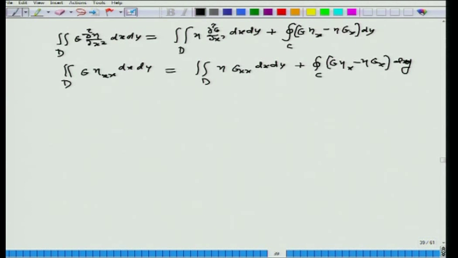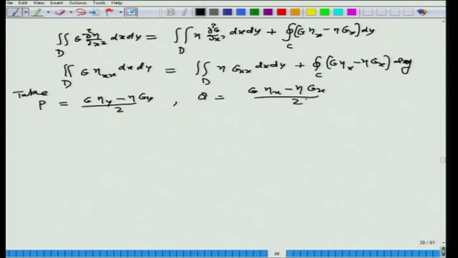Similarly, we can take now p equal to something and q equal to something. So, then we will have p equal to g eta y minus eta g y by 2 and q equal to g eta x minus eta g x by 2. Then we get for mixed derivatives, that is eta x y dx dy.